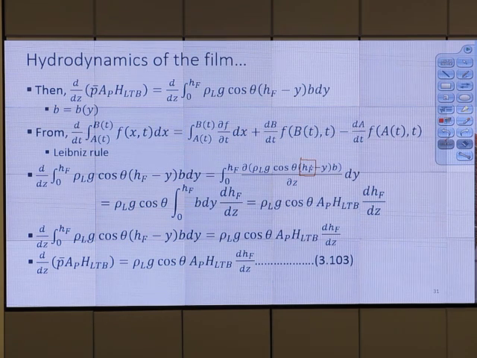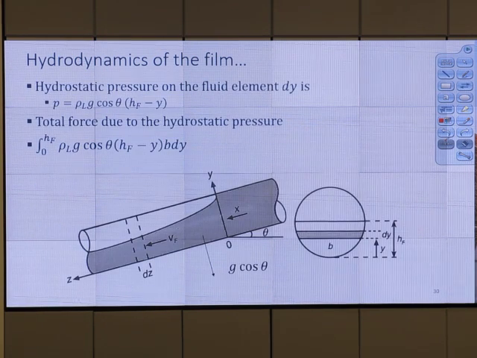Okay. So dhf by dz, is that a function of y? What is dhf by dz? Who wants to answer? Okay, Akin, what is dhf by dz? Is it positive or negative? Okay, first of all, hf is film height. dhf by dz is a slope.